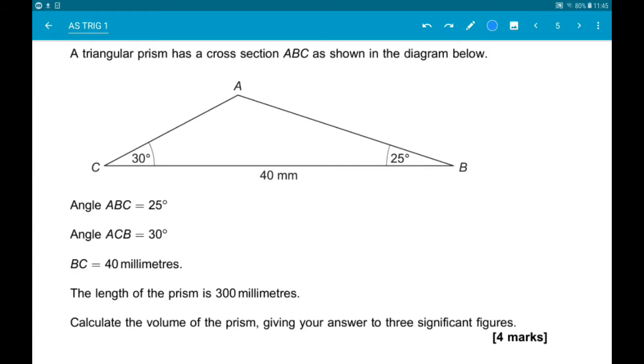Now, the first thing we can do is fill in the third angle at the top. So that's going to be 125.